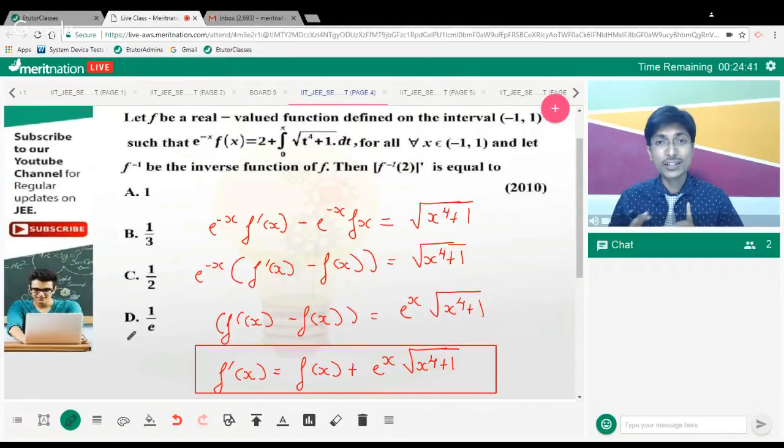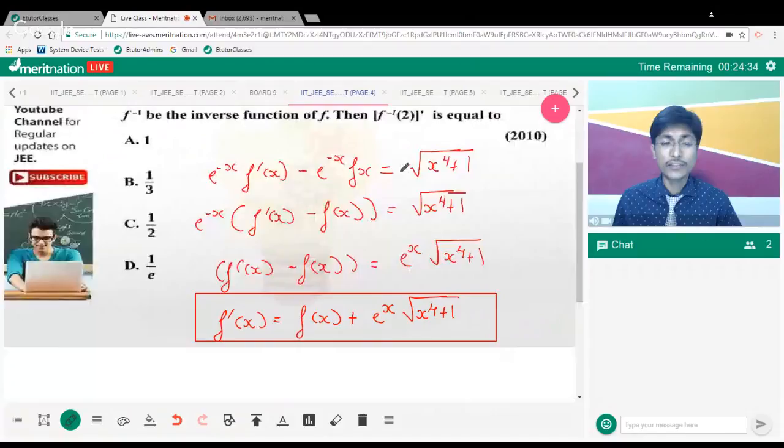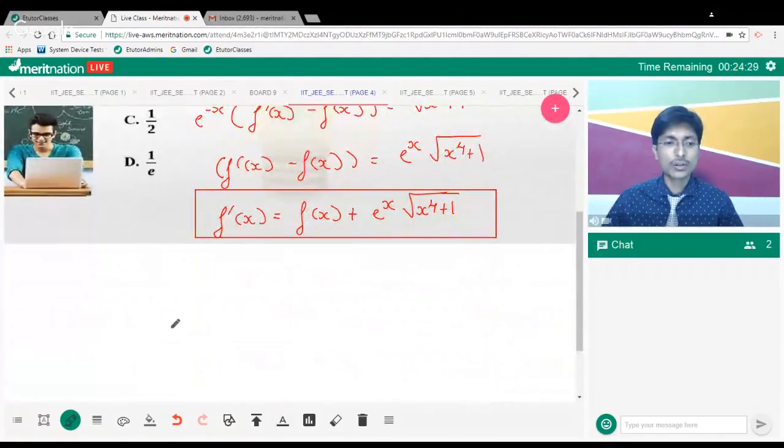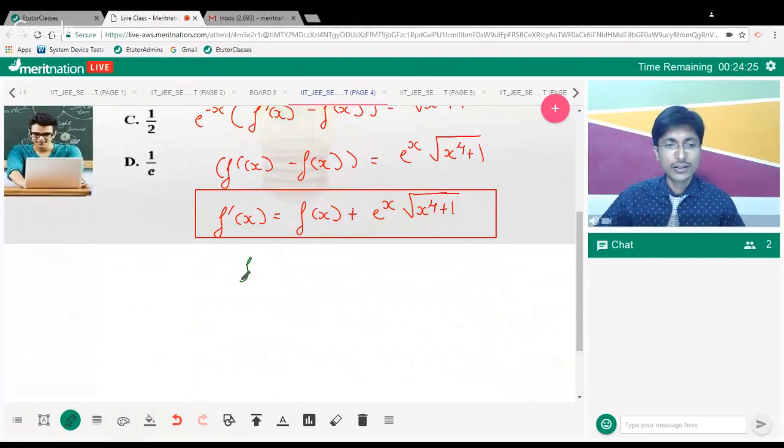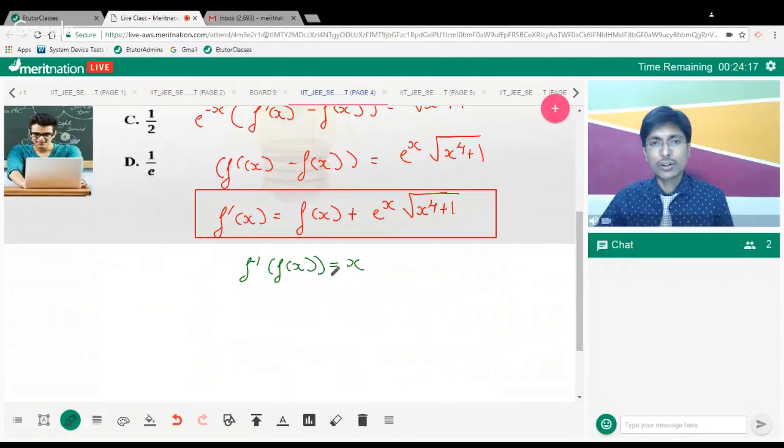Now, again, it's a beautiful concept of composition. Now, we are talking about f inverse differentiation. So guys, what is f inverse? Can I write it like this: f inverse of f(x) is equal to x, because f inverse and f will cancel off and we are left with x.